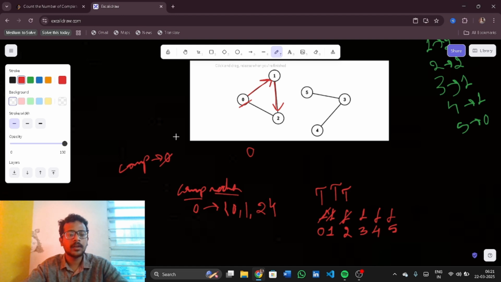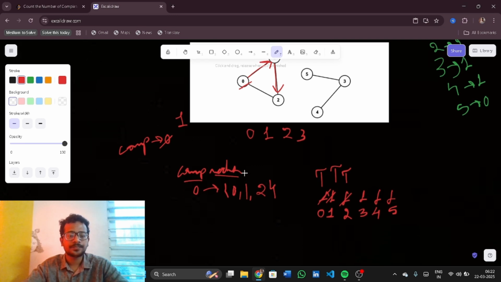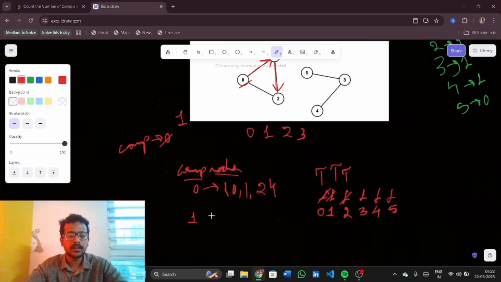So I will increment the component to 1. Now I will go through 1. 1 is visited, so skip. 2 is visited, so skip. 3 is not visited. Now my component is 1 and the first node is 3. So 3 is visited, so mark it as true. Now I have 4 which is connected with 3, so 3 will be pushed back into component 1.